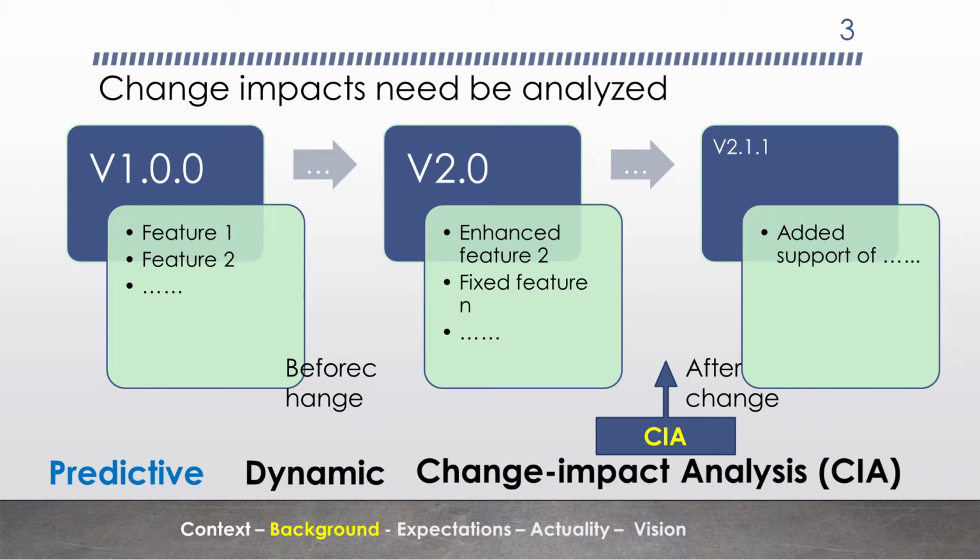Further, a CIA technique can be applied either after or before the change is made. When applied before the change, the analysis actually predicts the impact of potential changes. In our JSS paper, we focused on the predictive dynamic CIA technique.